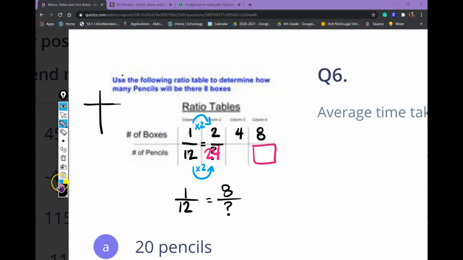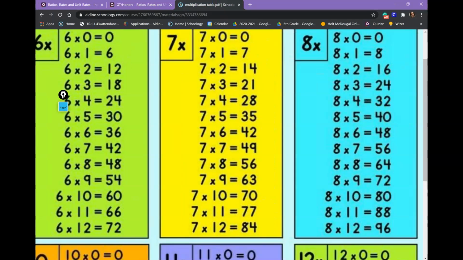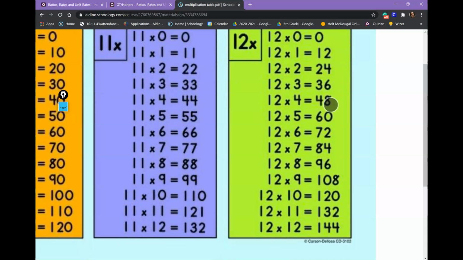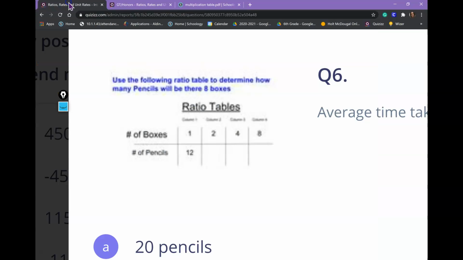It's the same concept. 1 times any number is that number, and since I'm going from a small number to a large number, I'm going to be multiplying. Whatever I do to the top, I have to do to the bottom, so I'm going to do 12 times 8. If you don't know your 12s, you can go back to your multiplication chart and find the 12s. Right here, 12 times 8 is 96.